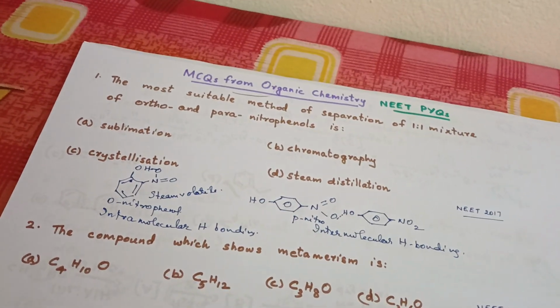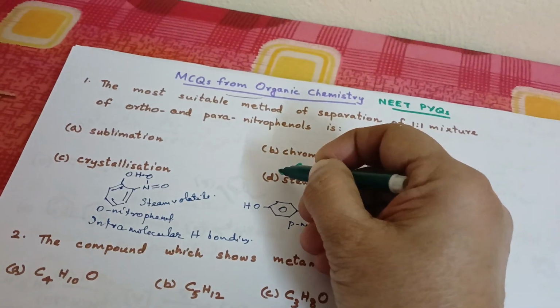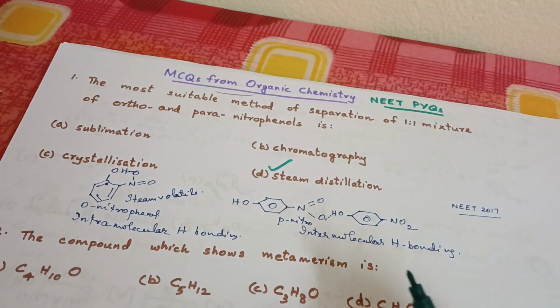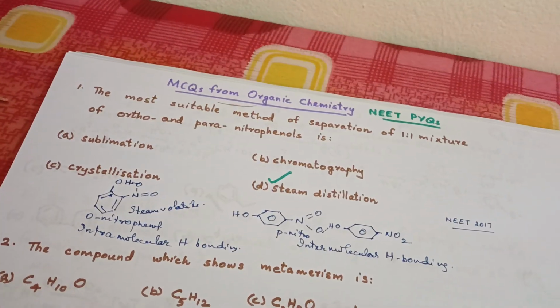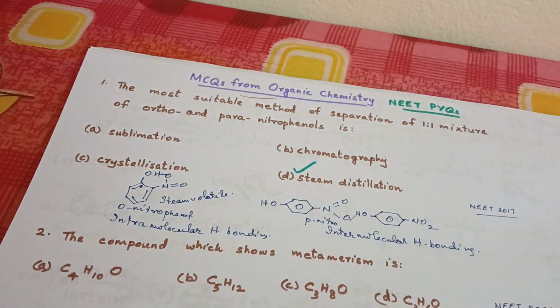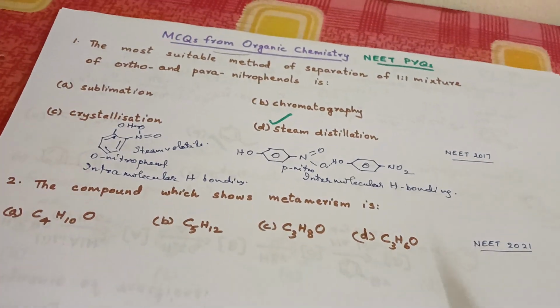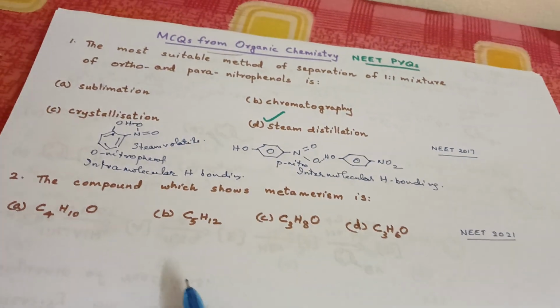So we can opt steam distillation as a method to separate the two. The paranitrophenol will remain in solution, whereas the orthonitrophenol will distill out with steam. So that is a 2017 question.